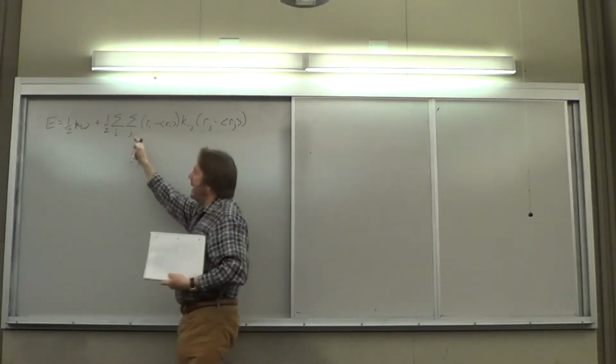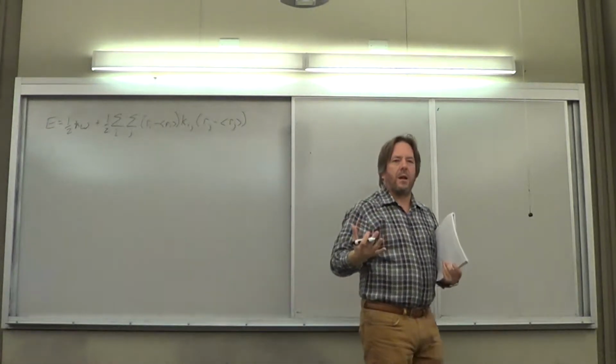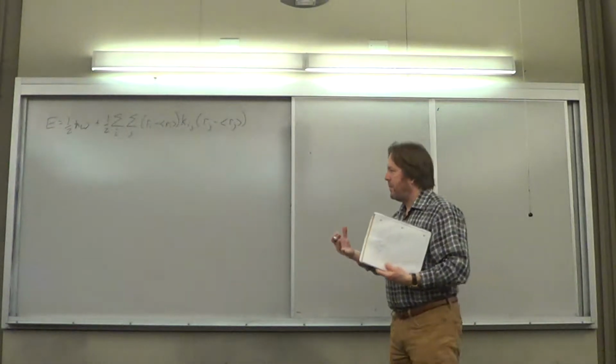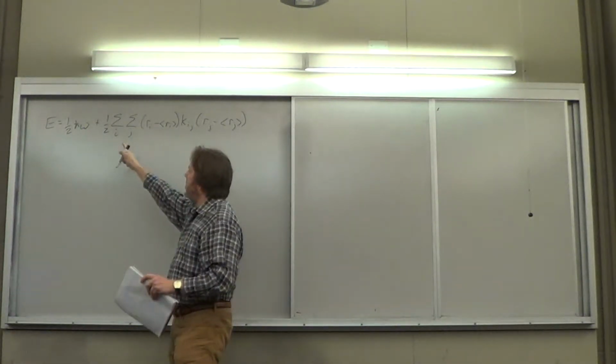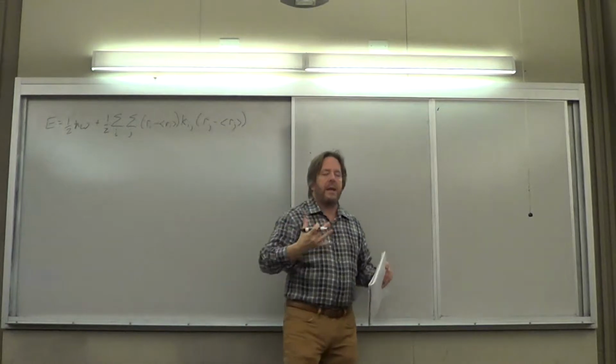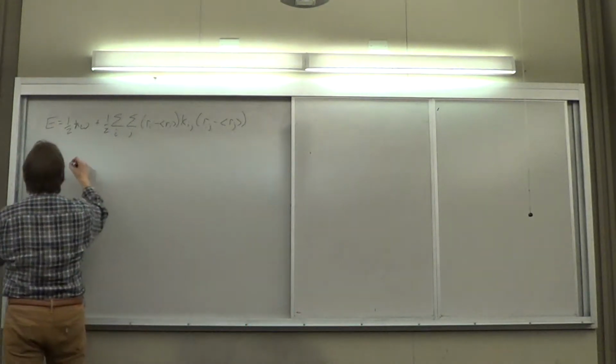Notice that when I equals J, I've got 1/2 kx squared, which is Hooke's law, which you've always thought of as harmonic vibration. And when I is not equal to J, that's when it's hitting against its nearest neighbor. The coupling matrix is going to be very complex.